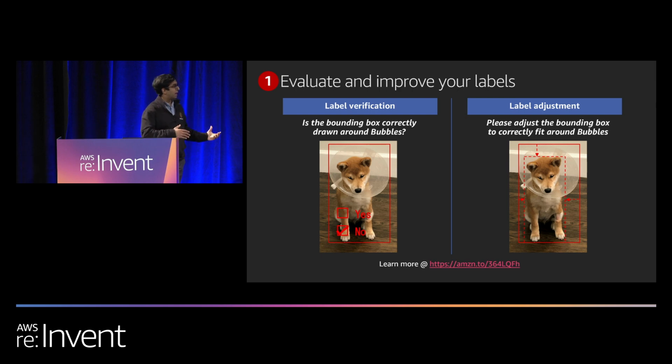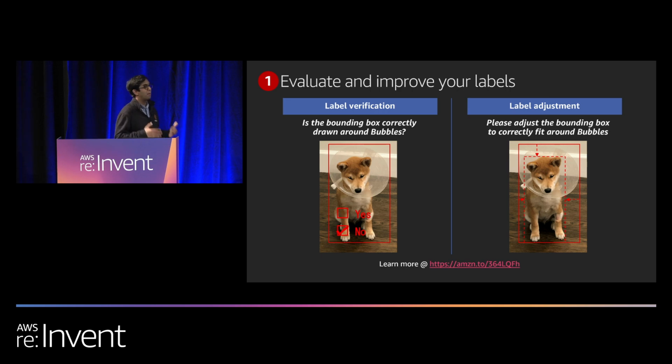So how this all comes back to Bubbles is that, in this context, let's say we're building a Bubbles detector. I want to identify Bubbles in the image, and I have to generate a training data set with Bubbles labeled clearly with bounding boxes. In this context, Bubbles had a little bit of an accident, and he now has a cone.